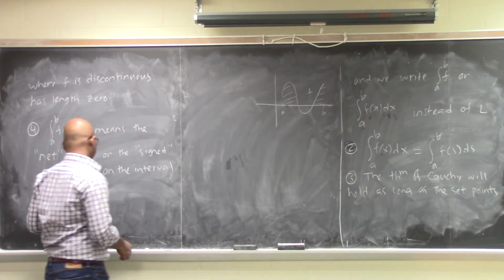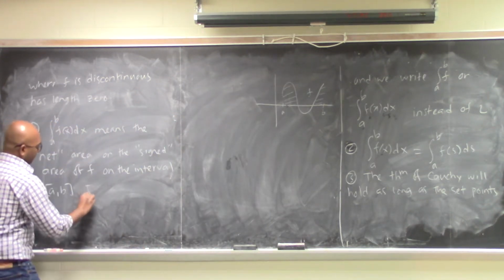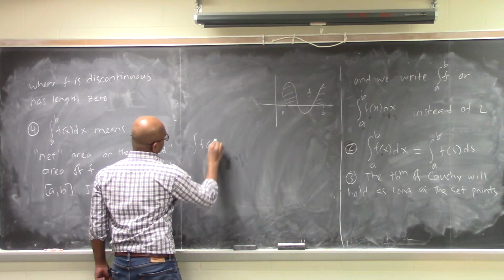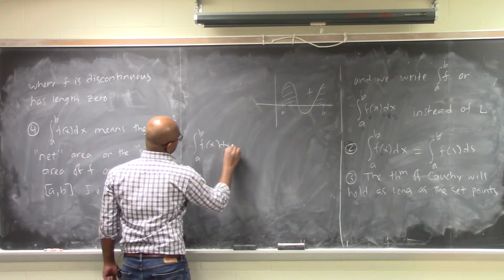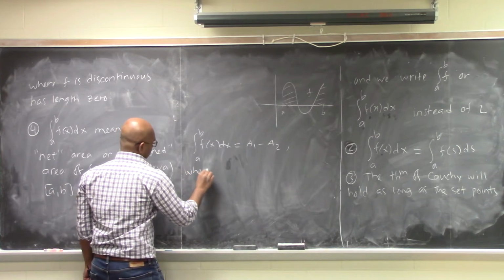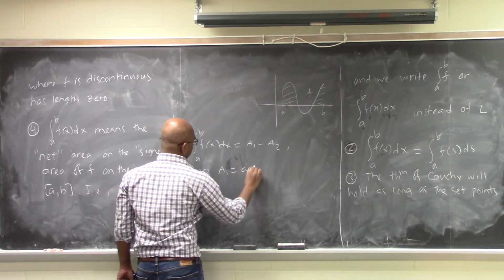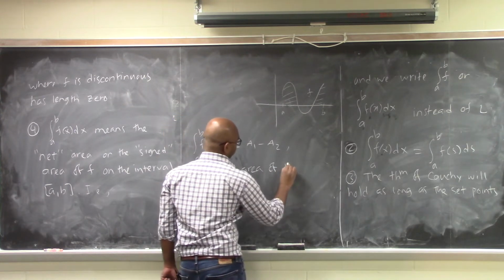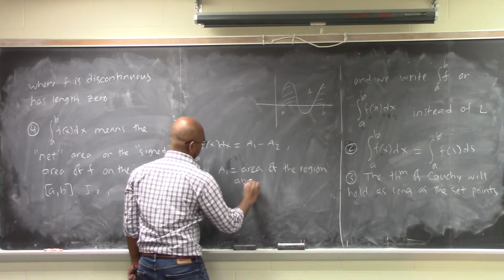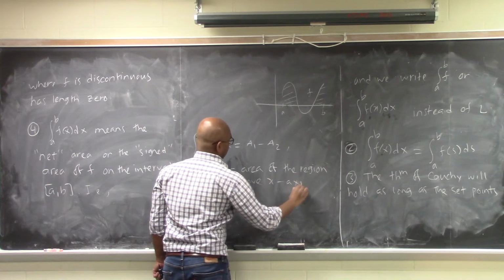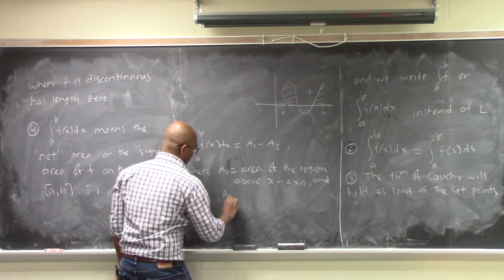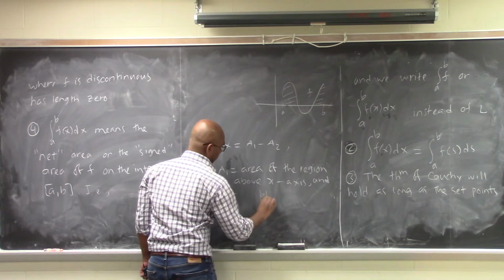Okay. So what it means is, this integral is A1 minus A2, where A1 is the area of the region above the x-axis, and A2 is the area of the region below the x-axis.